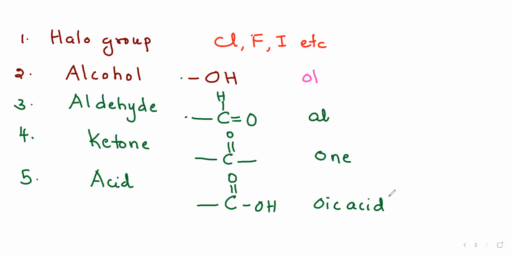A ketone should have a minimum of 3 carbons, so propanone is the simplest ketone. Why do we need 3? Because the functional group itself has a C, and to both sides a C should come. So these are the major functional groups.